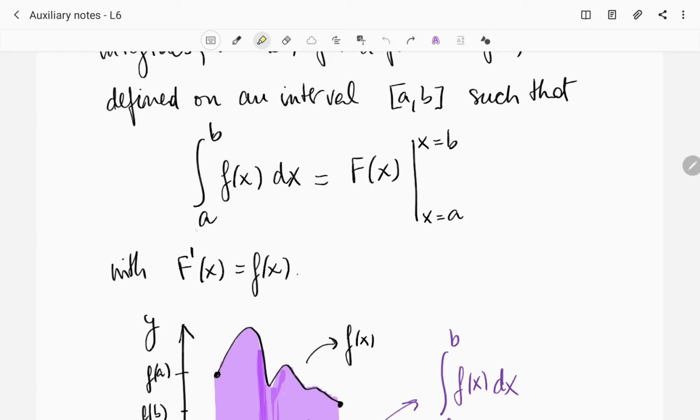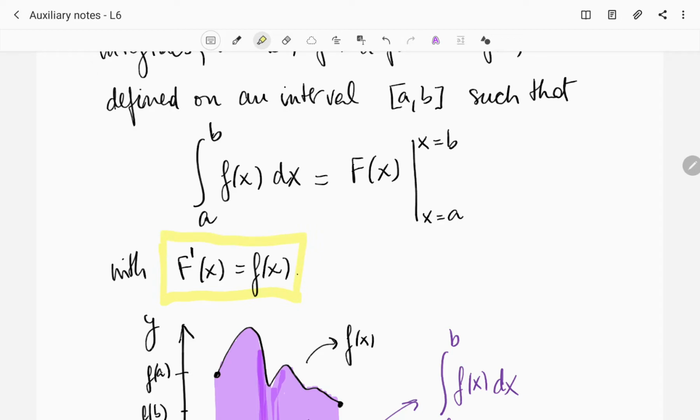So the integral from a to b of our function f is equal to this capital F of x, and we have to evaluate this capital F at b, and then that value minus capital F at a. And this capital F is an antiderivative for little f.